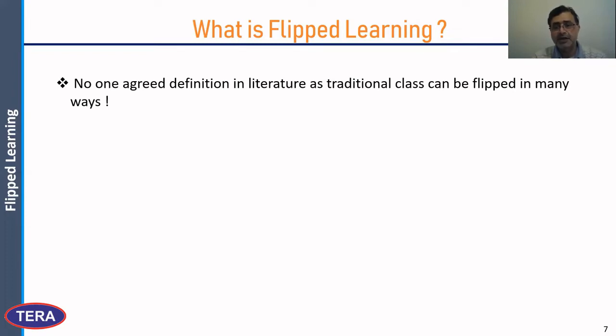The reason is traditional class can be flipped in many ways, and the model adopted largely depends on the operational definition of the flipped classroom established by the teacher, as it is contextual, and there is no single agreed definition of the flipped classroom approach reported in the literature. But the underlying principle of flipping the activities, what you do in a class, you do at home, and what you do at home, you do in class, this basic philosophy remains there.